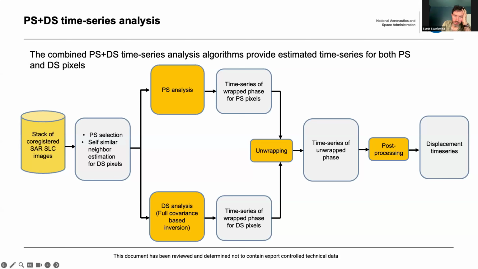And then you do your phase linking, and you get a time series of wrapped phase. And then before you unwrap, you simply override the locations of the PS pixels. And that's all the hybrid approaches are: you do phase linking, and then you insert back and overwrite the PS pixels, because you think those are good and they don't even need to be multi-looked to have lower noise.